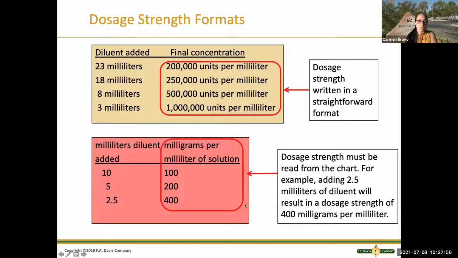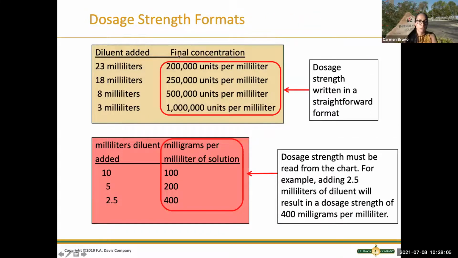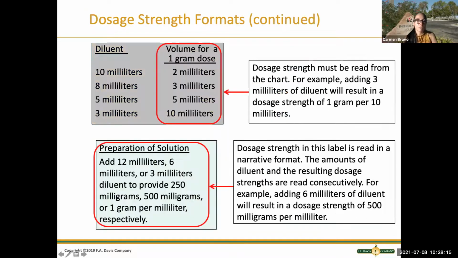Depending on the medication, of course. There are some other formats here that will tell you, again, 10 mLs per 2 milliliters. In the previous one it only says the final concentration, and in this format it says 200,000 units per mL. So it's giving you the dosage strength, just in a different format.